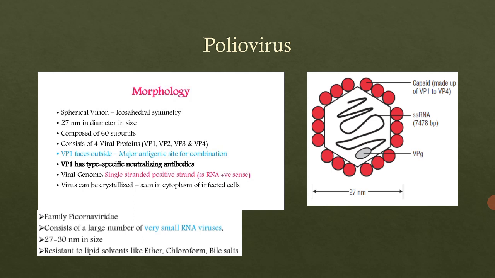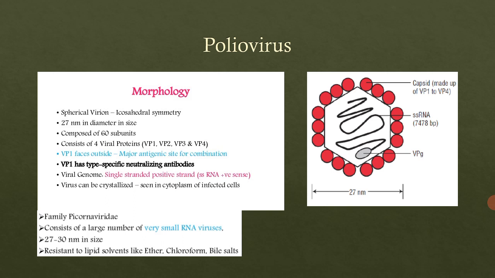The virus contains 60 subunits, and each subunit has 4 viral proteins arranged in the icosahedral symmetry. You can see in that structure they have shown the red circles. These are the subunits, which we call the capsid, the nucleocapsid.